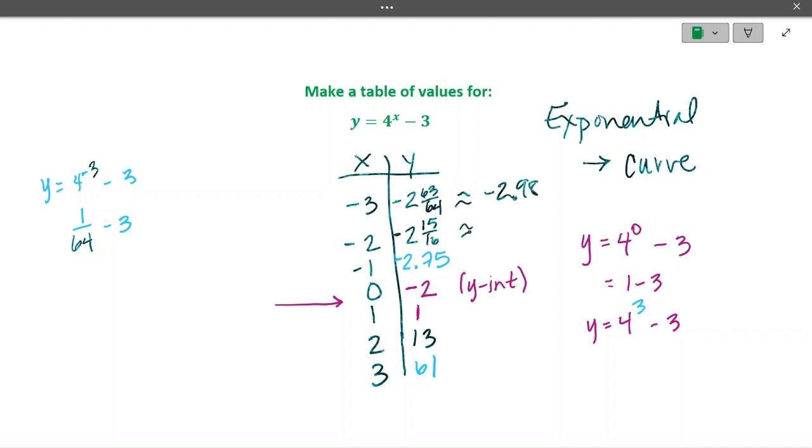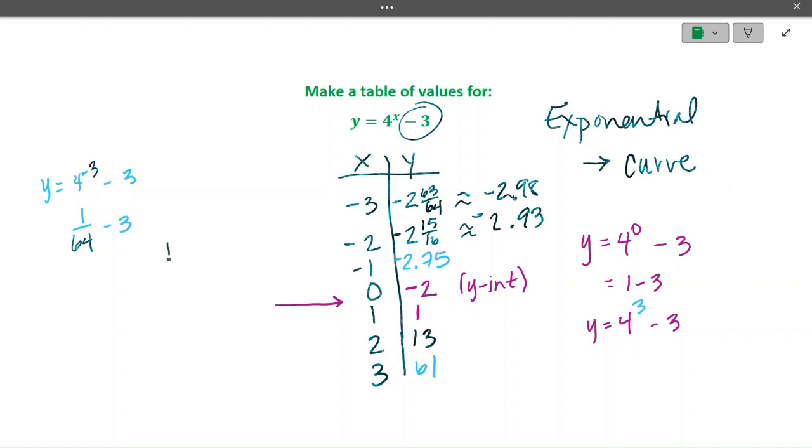And 1/16 minus 3 is not that much bigger. So we're getting very, very close to negative 3, which is this number right here, but we're never actually going to quite get there.